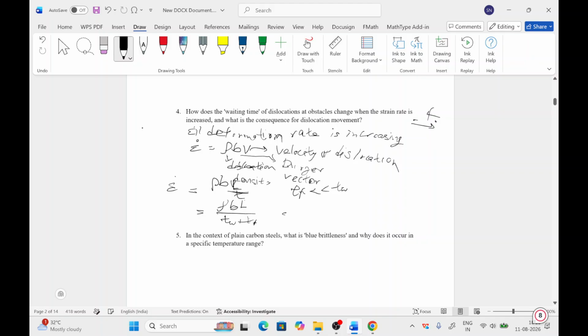So this can be written as rho b L by t_W. So there is an inverse relationship between waiting time and strain rate. Waiting time decreases when we increase the strain rate.